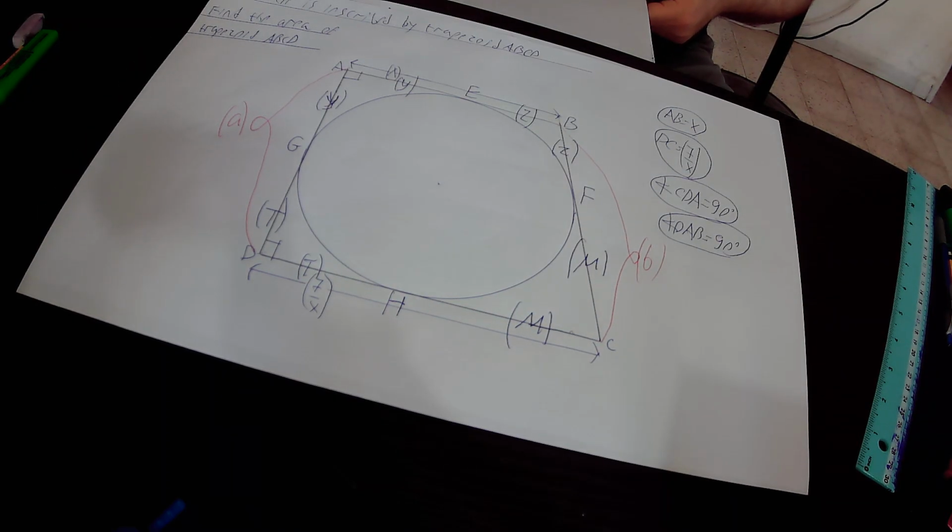In the next step, we will do a construction. That is to say, from point B we will go perpendicular on DC.